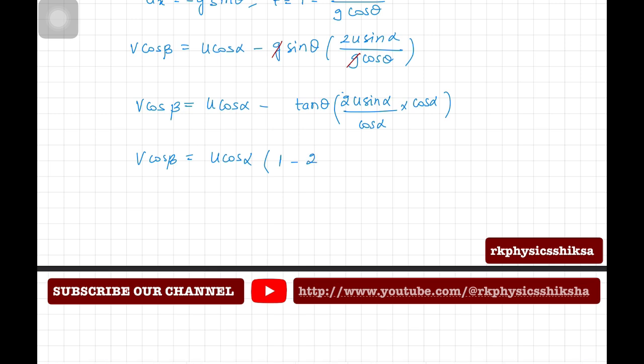So it will be 2 times tan alpha into tan theta, because sin alpha by cos alpha is tan alpha, and tan theta we already have, and u also is taken out as common. So this is the Vx value at the point of striking the ground.